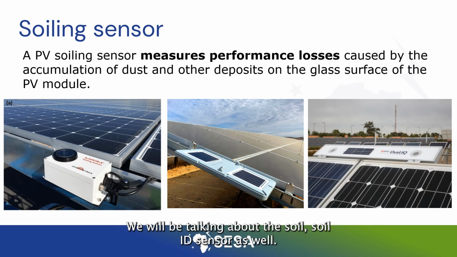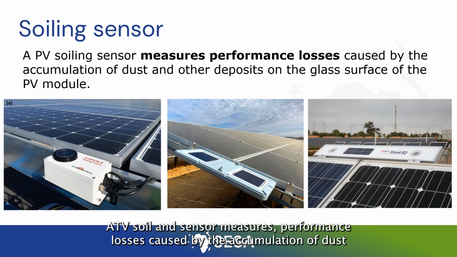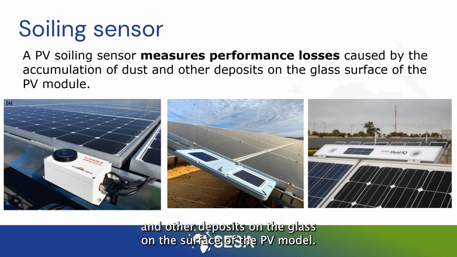In this slide, we will be talking about the soiling sensor. A PV soil sensor measures performance losses caused by the accumulation of dust and other deposits on the glass or the surface of the PV module.